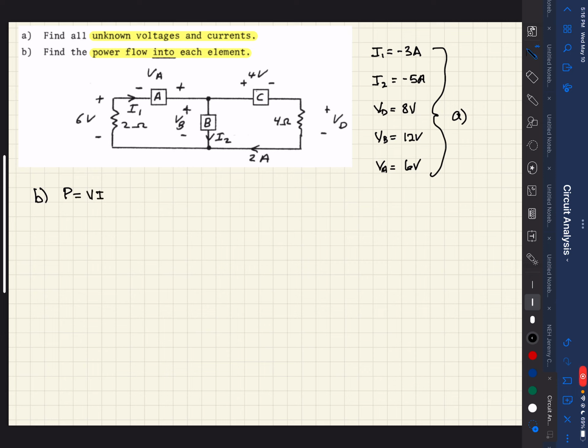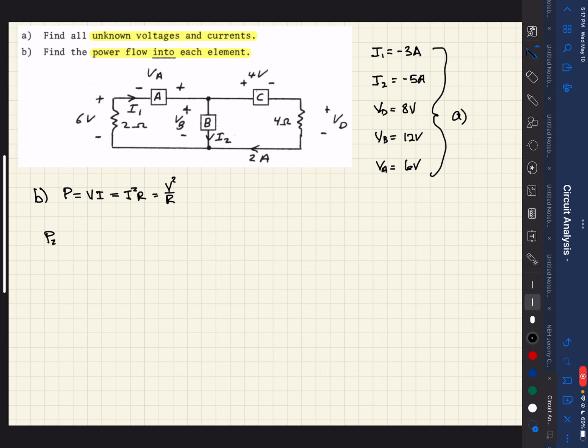But if we substitute Ohm's law in there, we can come up with some different forms like I squared R or V squared over R. All of these will give you the same result, and they're just substituting different things in from Ohm's law for voltage and current.